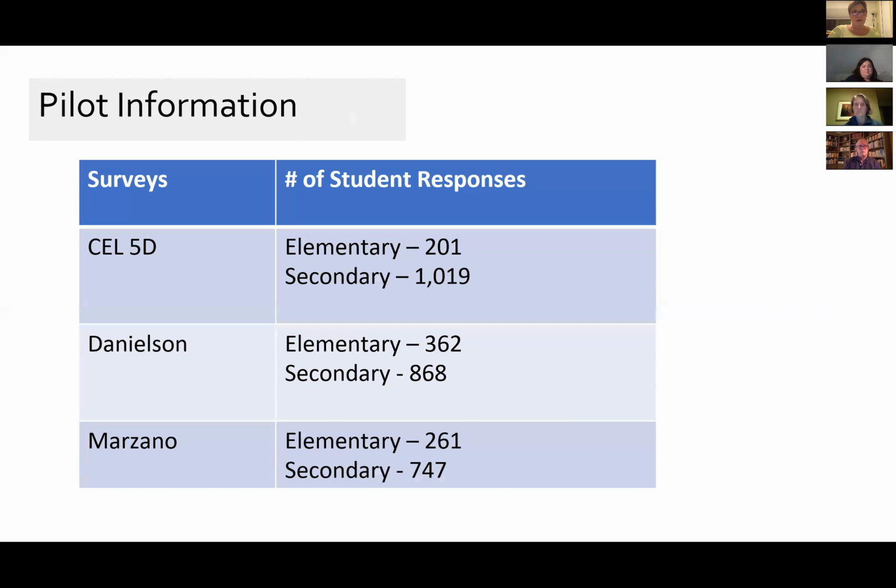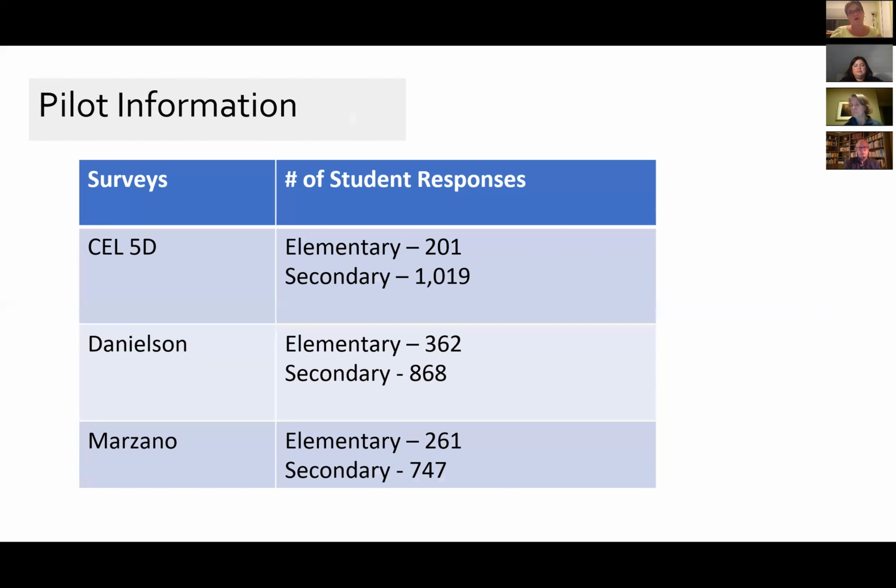One of the interesting things in this pilot was that we had classroom teachers administer the surveys to their students. We had librarians, we had teams of teachers. So it ran the gamut of people that worked directly with students. As you can see, secondary had pretty high numbers of students, and we got quite a few responses across the board.